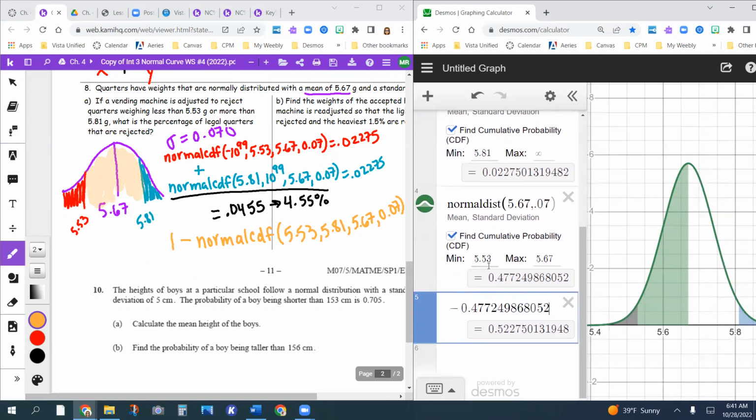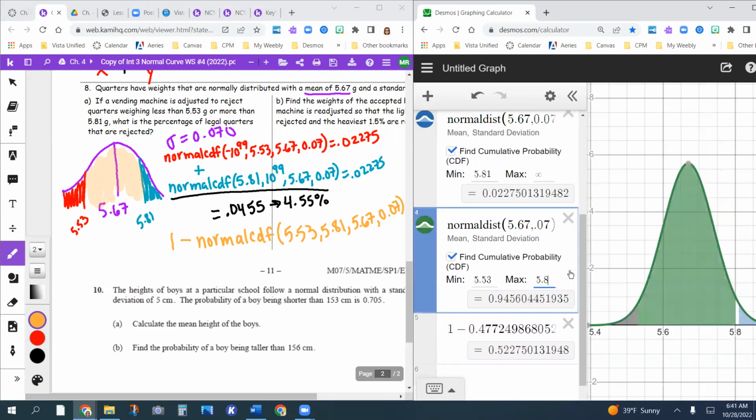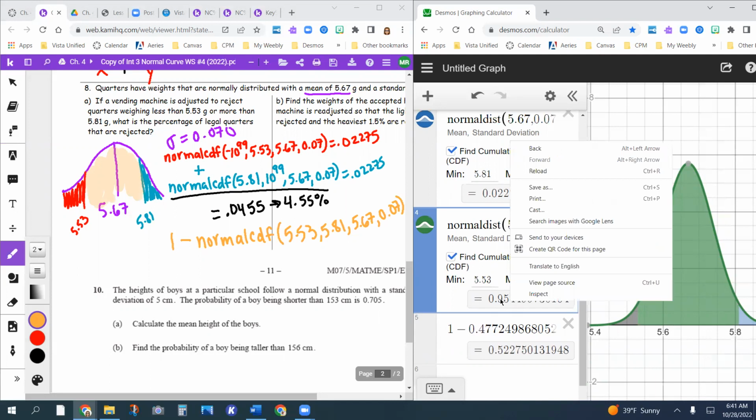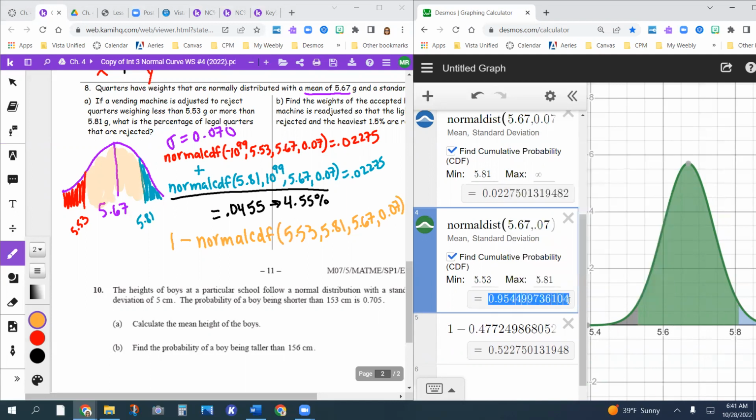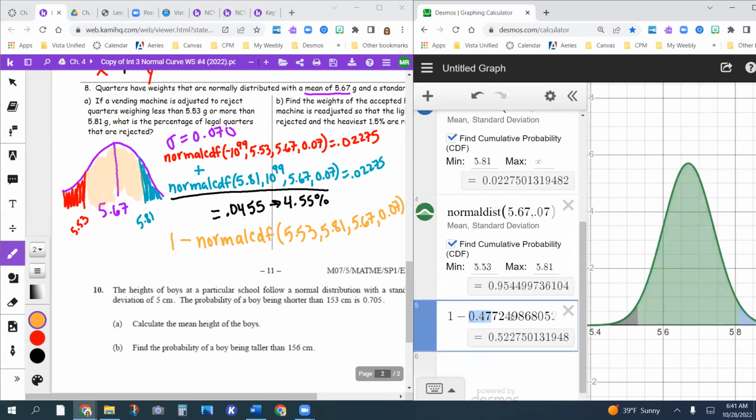Let me just make sure. 5.53. Oh, this wasn't to this. This was to, I put the mean in. 5.81. Okay. So now when I take this and copy this, okay, and put that here, you see I get the same answer, 4.55.